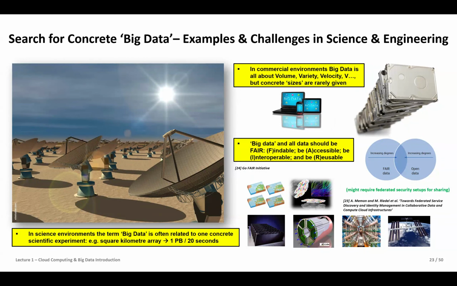You see here one key challenge example, the Square Kilometre Array that they want to build and actually started building, where we can expect 1 petabyte. That's okay, but we expect it to be there every 20 seconds, right? Now, our tape archives hold 100 petabytes, this is okay, we can keep that. But if you multiply this very quickly, we will run out of capacity in all the tape archives, right?